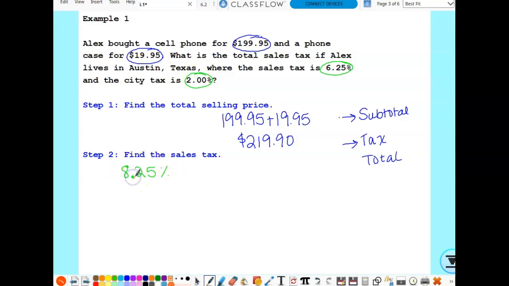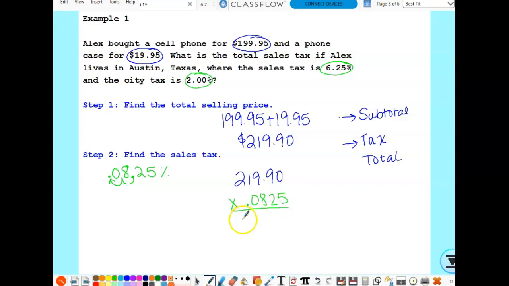In order to turn that into a decimal, we're just going to bump that decimal point over 2 places. And we have to fill in a 0 here because we have a blank space. So we're going to take this $219.90 and multiply it times our tax rate, 0.0825, and that gives the amount of sales tax.